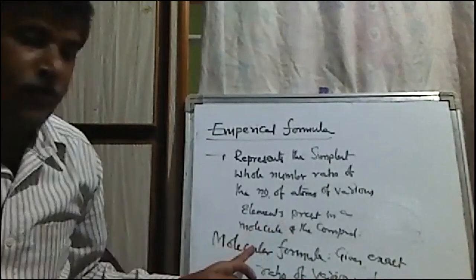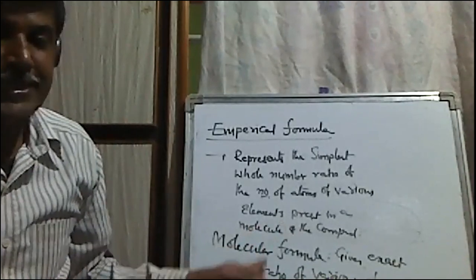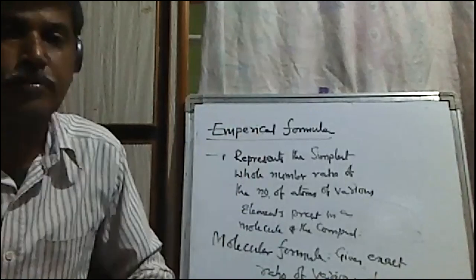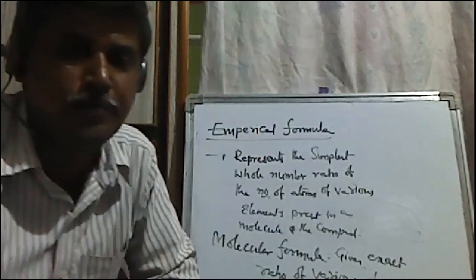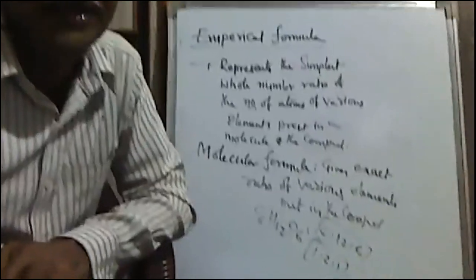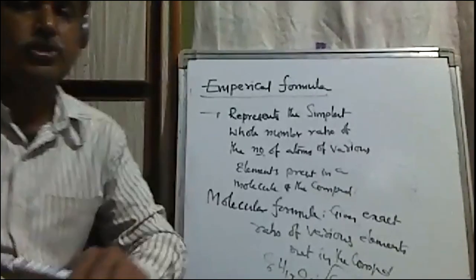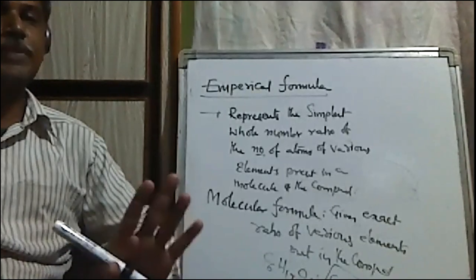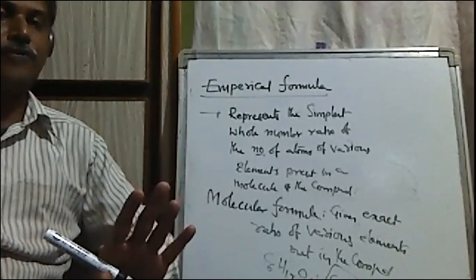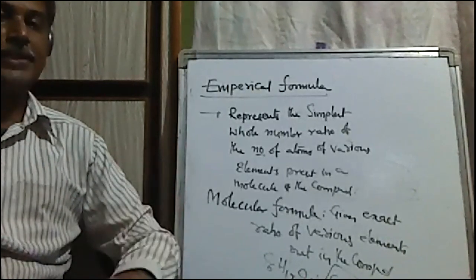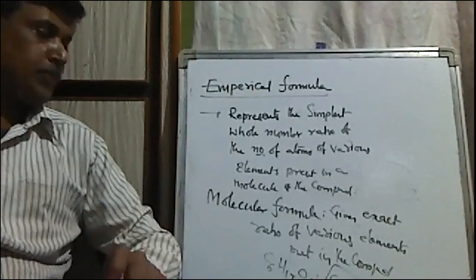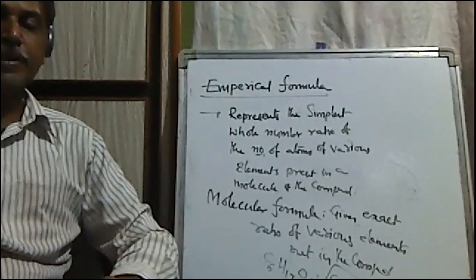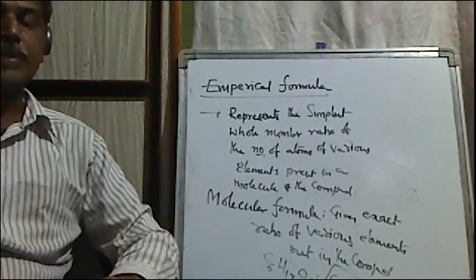Simply, empirical formula represents the simplest whole number ratio of various elements, whereas molecular formula represents the exact ratio of various elements present in the compound.